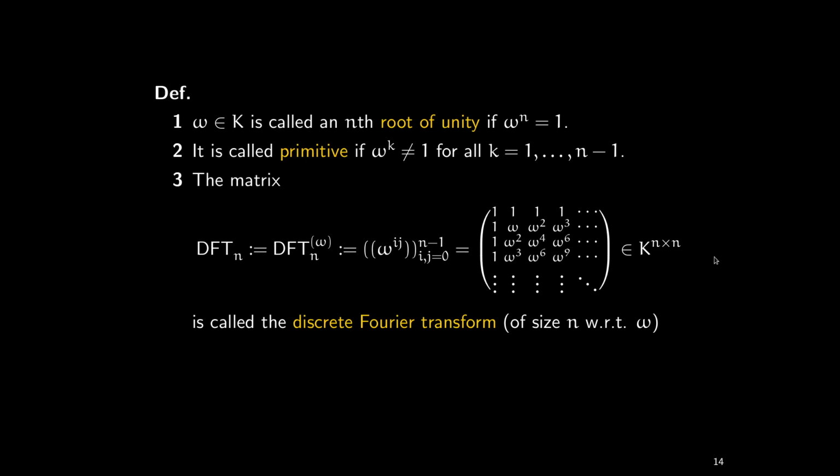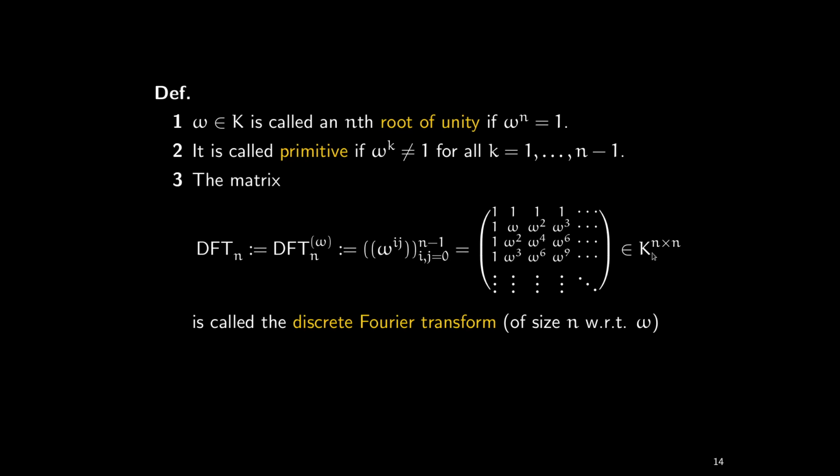It's an n by n matrix with entries in a field K, and it's convenient in this context to index the rows and columns of the matrix not from 1 to n, but from 0 to n minus 1, because then I can easily say that in the ith row and the jth column the entry is omega to the i times j, and otherwise I would have to say i minus 1, j minus 1. That makes it more lengthy. So this is a convenient thing.